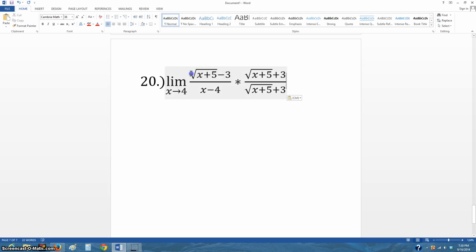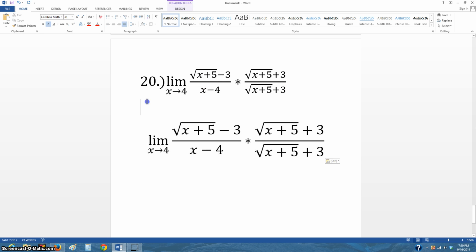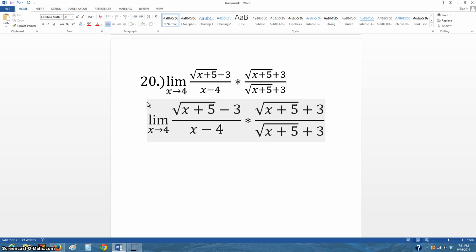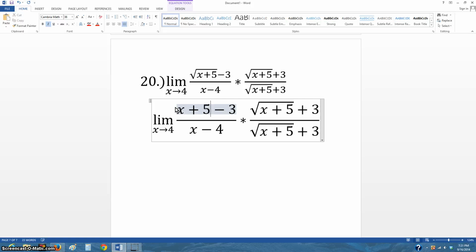Okay, for the numerator, it will be a perfect square. So what we do is we do first times first. And remember, whenever you multiply something that is the same thing, and especially in a square root, all you do is just pop it out. So this now becomes x plus 5. And then we do last times last.